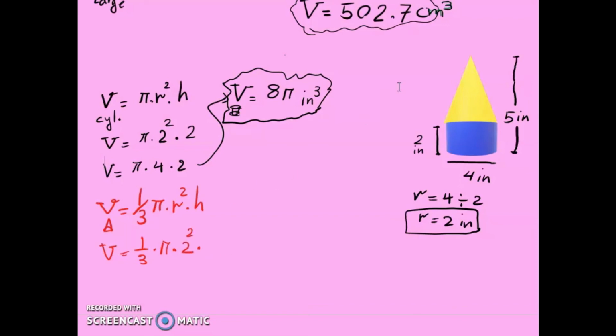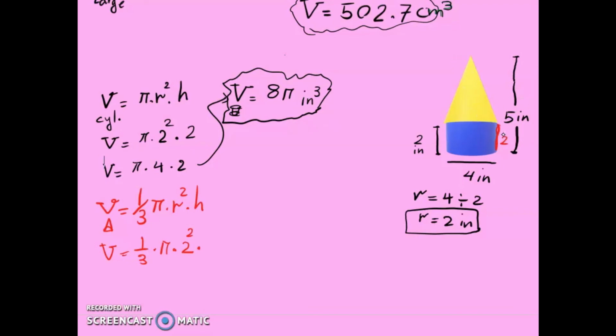But what is the height here? Look at this, guys, from the tip all the way to the bottom is 5 inches. If this part is 2, then from top to bottom is 5, and if you take away these 2 inches from 5, the rest would be the height of the cone.